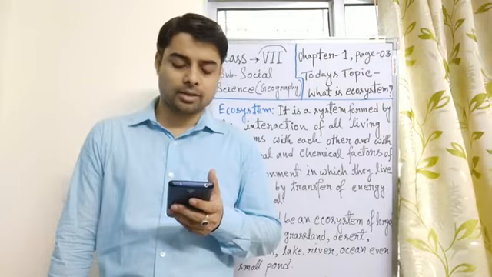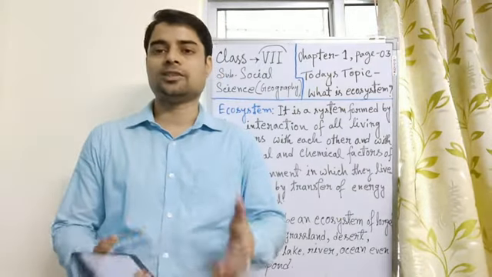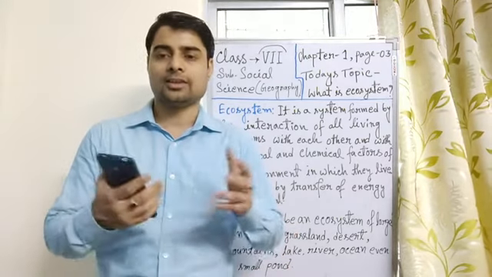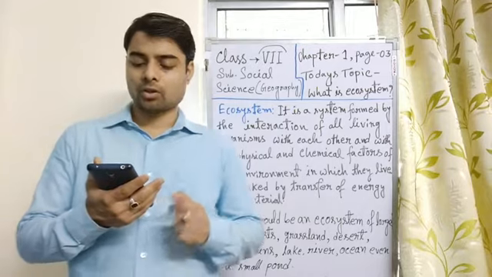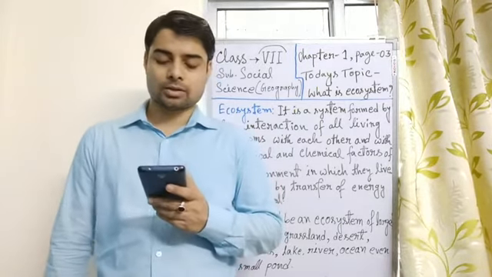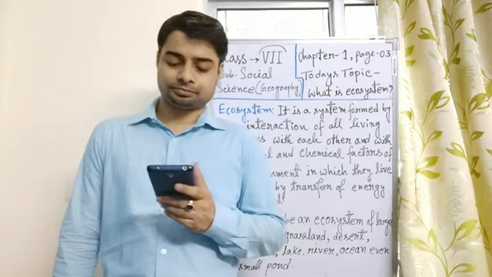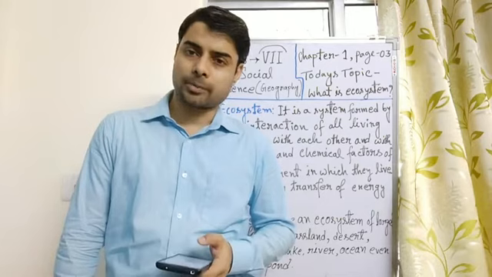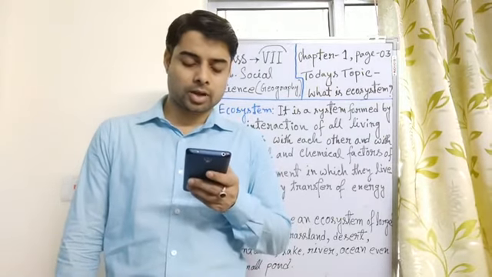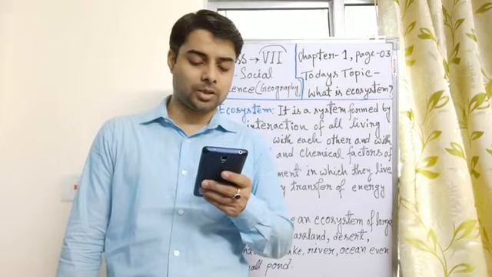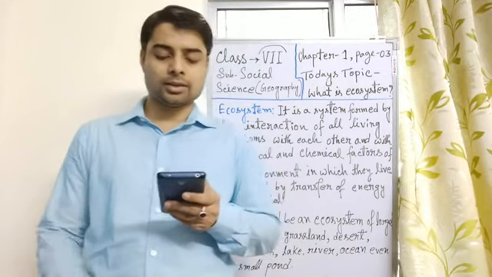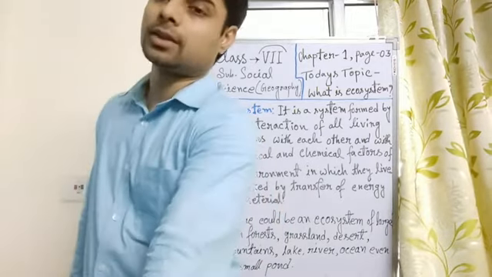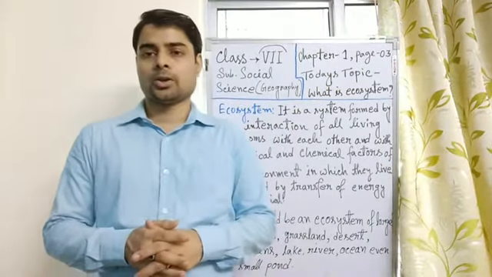Then the teacher came, and when they were interacting, the teacher replied, oh yes, very much so. So in this way, we have seen that in different places like Kerala, there are different types of environment. In the deserts of Jaisalmer, there are different types of environment. So why are these environments different? Because their ecosystems are different.